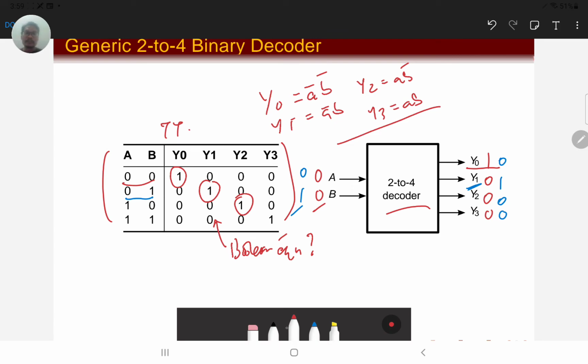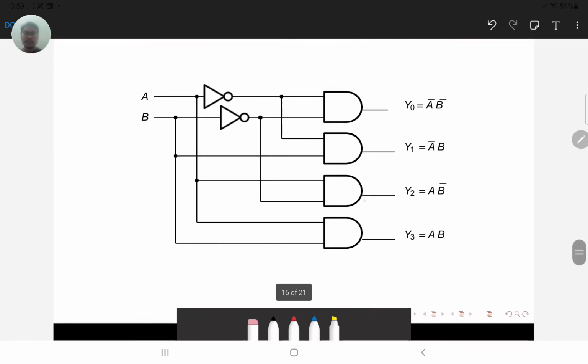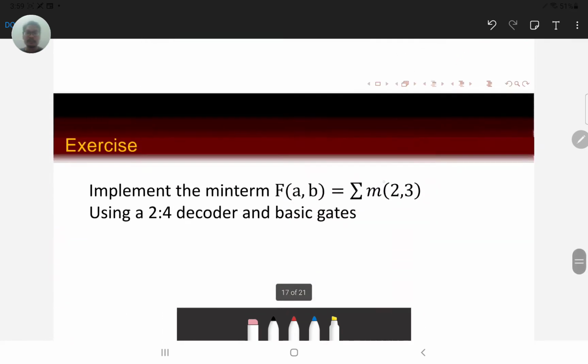So these are the Boolean equations for a 2 to 4 decoder as given here. If you have the Boolean equation, y0 is a bar b bar, so you have the a bar here, b bar here, just an AND gate, a bar dot b bar, and here is the gate level schematic of the decoder.